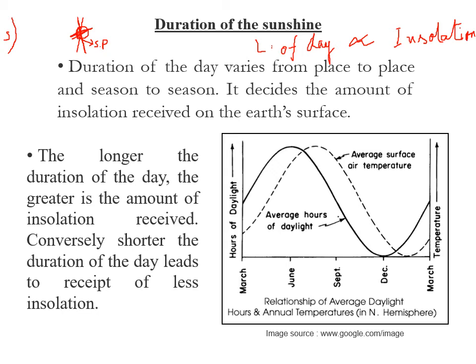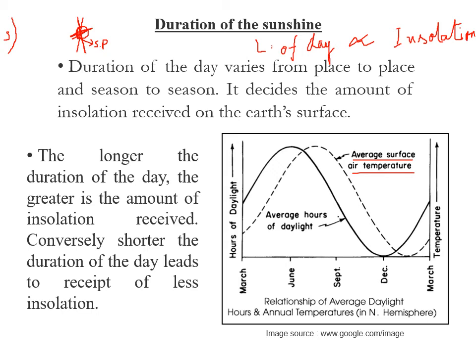Now simultaneously you can see the average surface air temperature curve in the northern hemisphere also tries to follow the duration of daytime. You can see the duration of daytime increasing from March. Similarly, the average surface air temperature in the northern hemisphere also starts increasing.